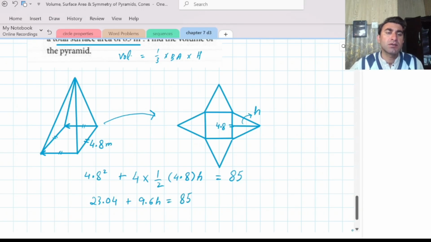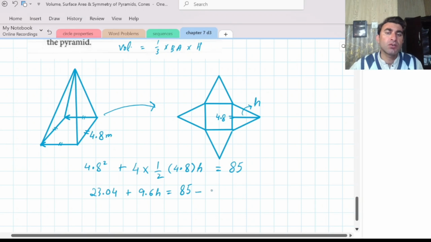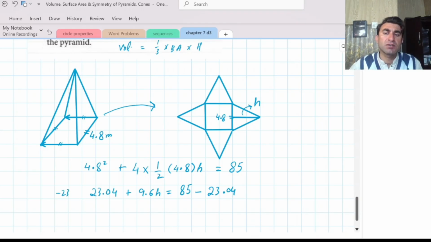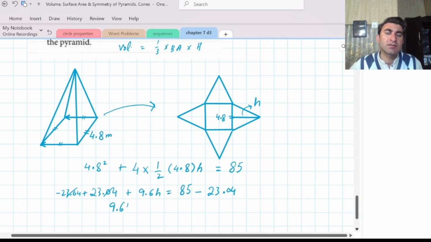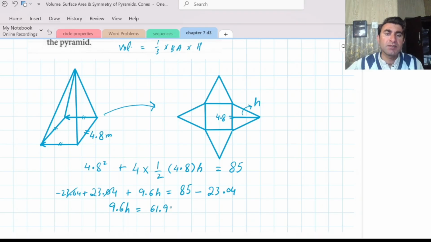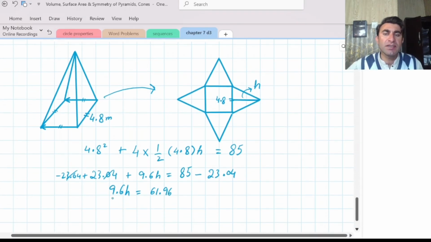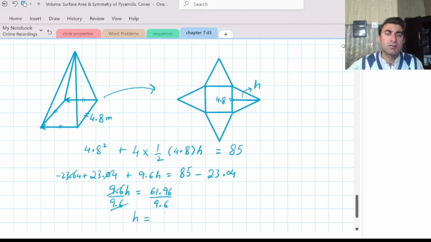Now we subtract 23.04 on both sides, so that we are left with 9.6 h equals 85 minus 23.04, which is 61.96, and as we need the value of h, dividing both sides by 9.6 will give us h is equal to 6.45 meters.